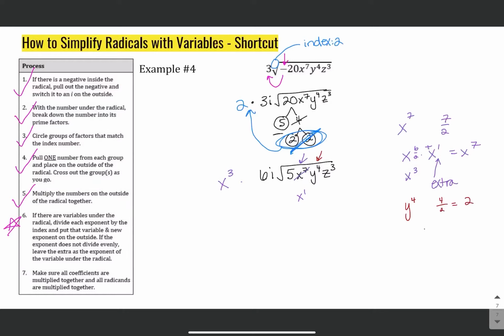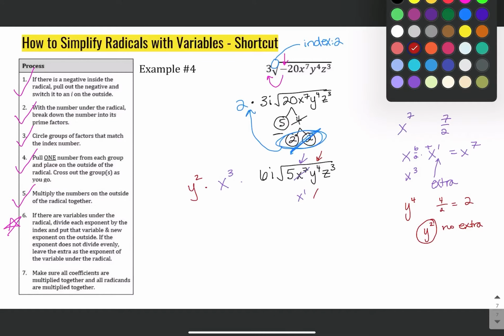So I know that I'm going to have y squared, and there's no extra. So when I do the division, this part is going to go on the outside. So like times y squared, and I have nothing left over.